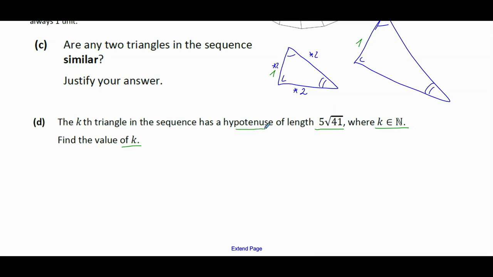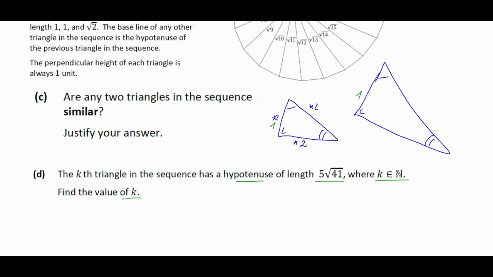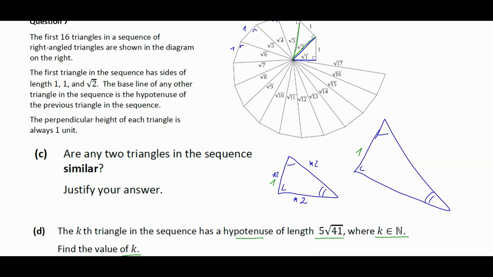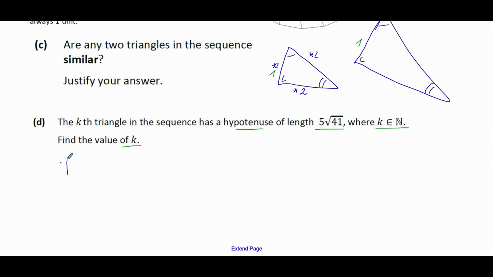So it's about the hypotenuse. Let's consider our triangles and their hypotenuses. As you can see, that's square root of 2, square root of 3, square root of 4, square root of 5. T1 has a hypotenuse square root of 2. T2 has a hypotenuse square root of 3. T3 has a hypotenuse square root of 4.